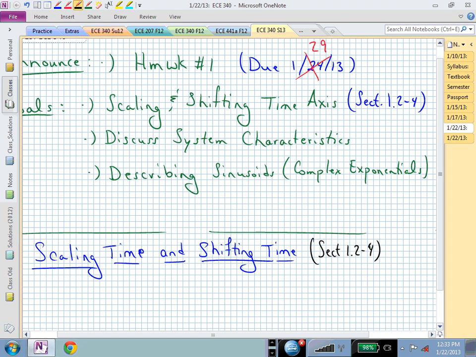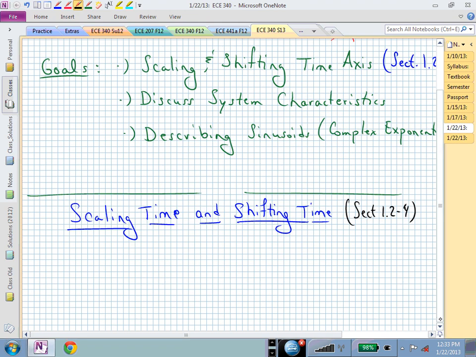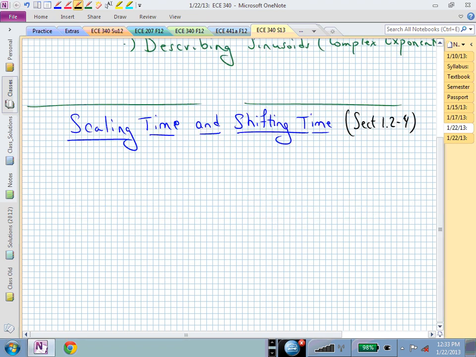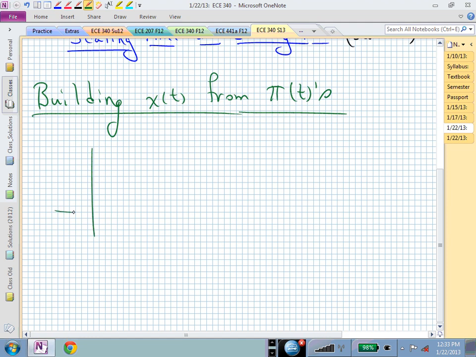Let's start. Last time we finished with the one example where we were building a given signal or waveform, building x of t from pi of t's, where we were using pi of t to be this unit pulse.